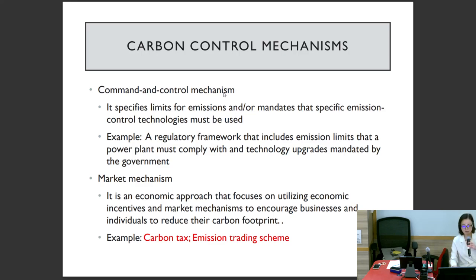So command and control mechanism would be like a regulation, something mandatory that an organization, a company, the public must follow.